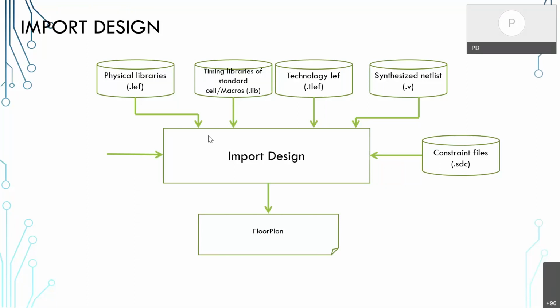So all this will give us constraints as an input. The timing constraint file will define, for example, the clock details. Say my clock has this much clock period, the input delay can be only this much, the output delay value can be only this much. All these details will be there in the constraint files.